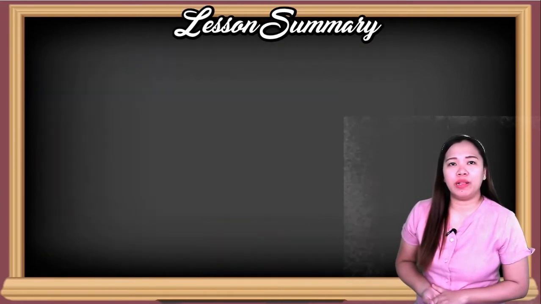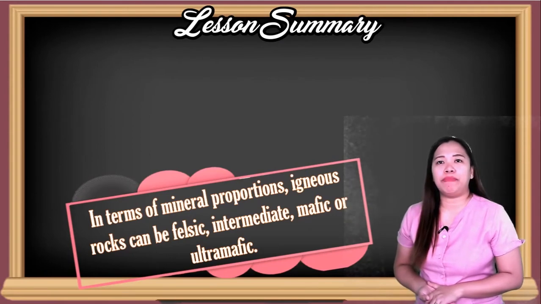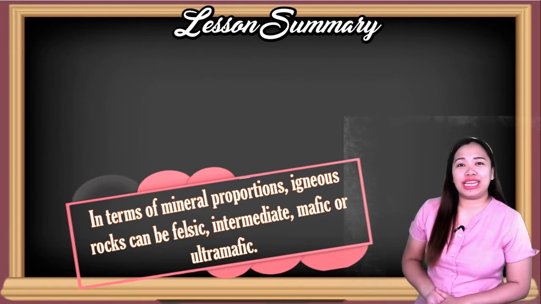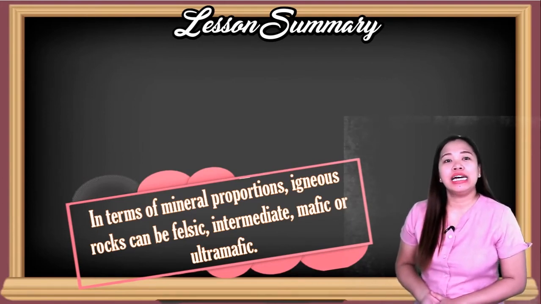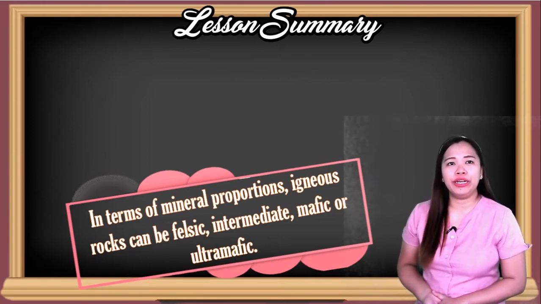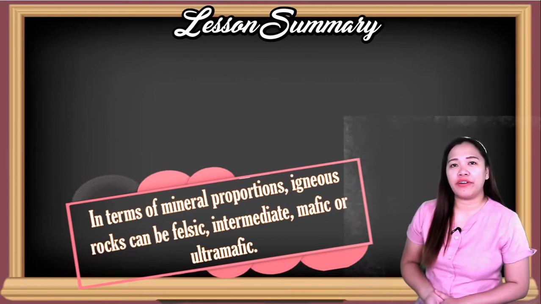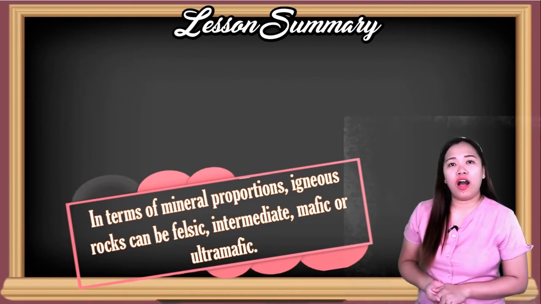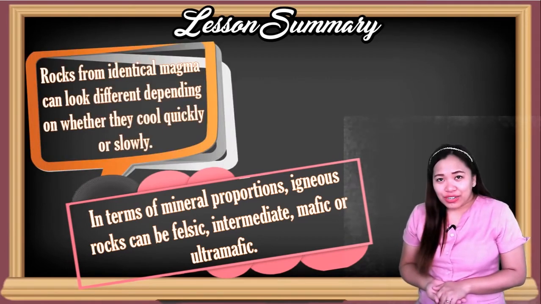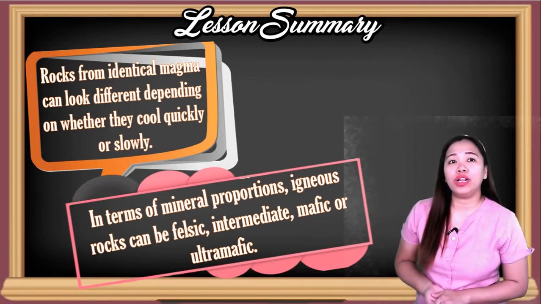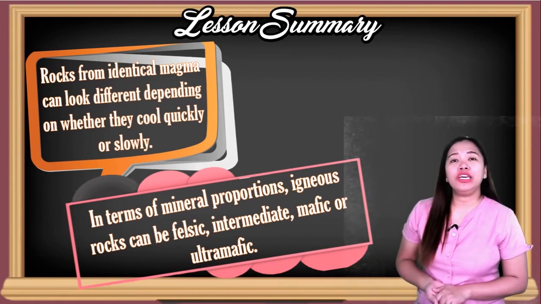In terms of mineral proportions, igneous rocks can be felsic if rich in feldspar and silica, intermediate if it contains lower proportions of silica than rocks in the felsic family, mafic if rich in magnesium and iron, or ultramafic if the rock has a very low silica content but is rich in minerals such as hypersthene, augite, and olivine. Rocks from identical magma can look different depending on whether they cool quickly or slowly. Igneous rocks have a wide variety of uses.